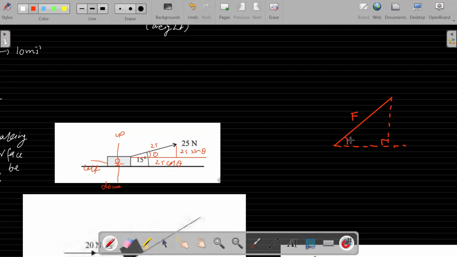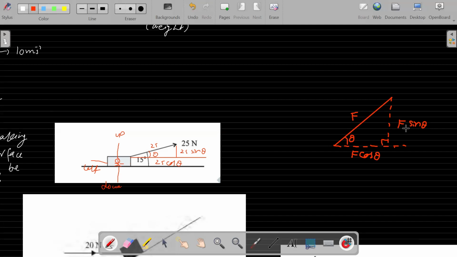So this one is theta. We always know that in front of theta there is always our opposite side, and the opposite side always makes sine theta. And this one is our adjacent side, so our adjacent side will be making cos theta. So identities over here will be cos, and over here it will be sine. Is it clear?